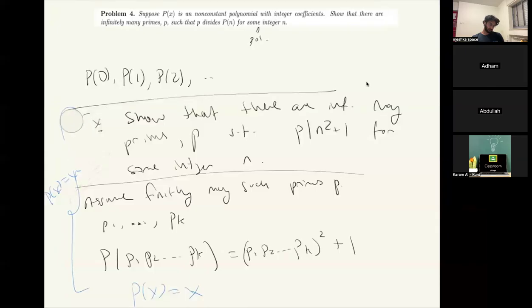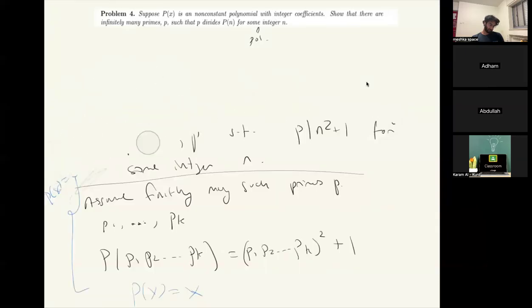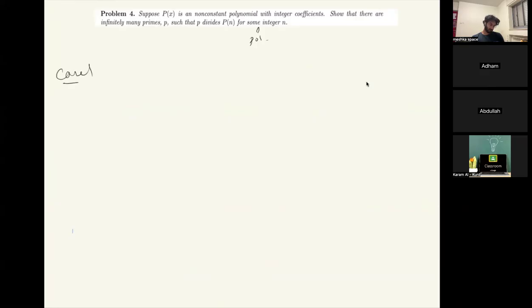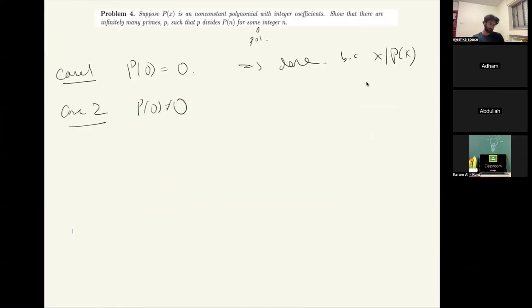If the constant term is zero, then obviously it will have infinitely many prime divisors, because we can consider P of 2, P of 3, and so on. If P of 0 equals 0, then we're done, because x divides P of x, so it's equivalent. It follows from Euclid's proof. Okay, right. So case 2 is that P of 0 is not equal to 0.